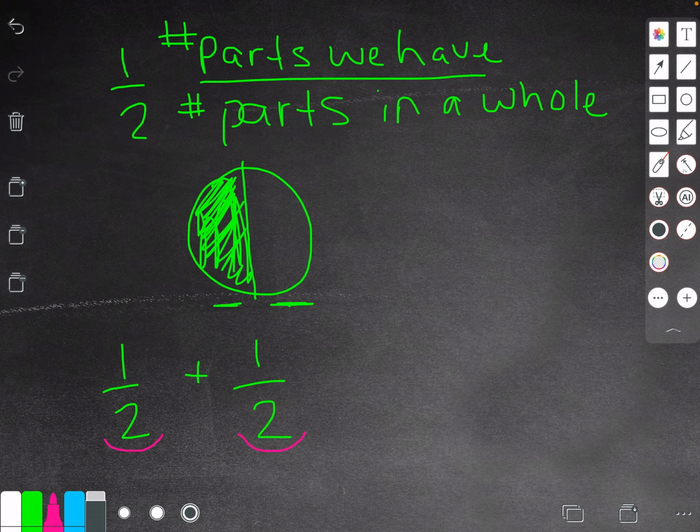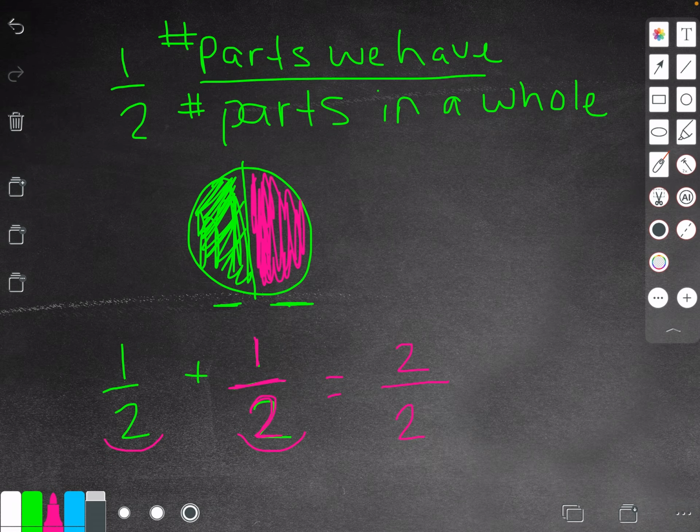So what we would do here is literally count our halves. We have 1/2 in green already on our pizza. If we were going to add another half, this is the pink half. We would have 1/2 plus 1/2 equals 2 of the possible 2 pieces in this whole.